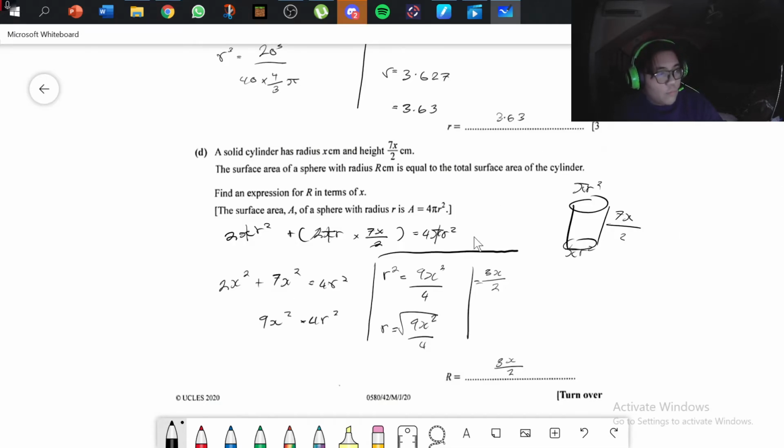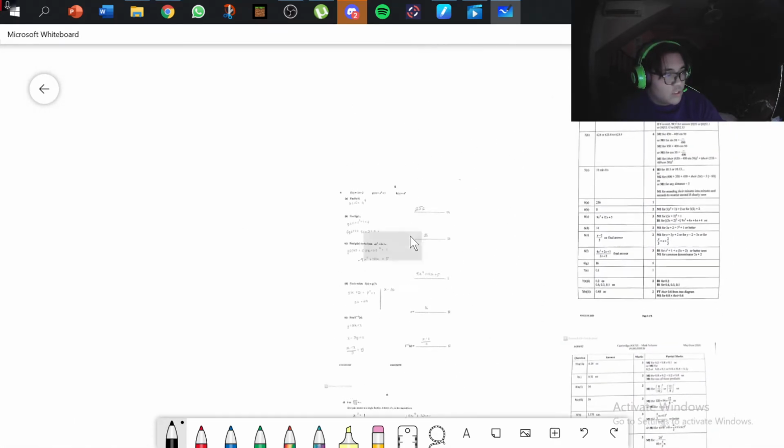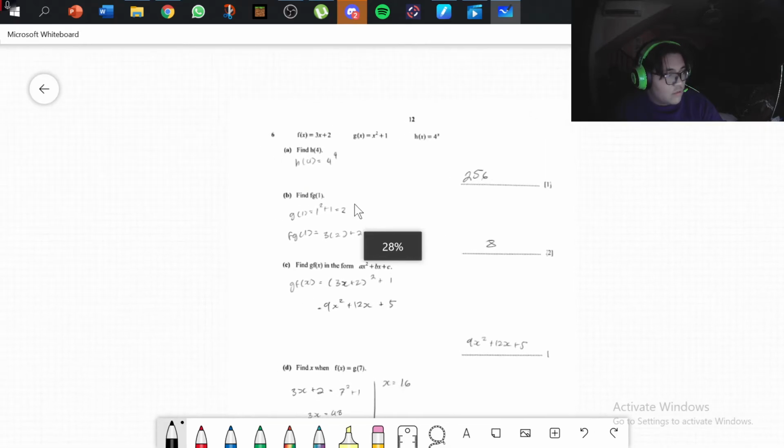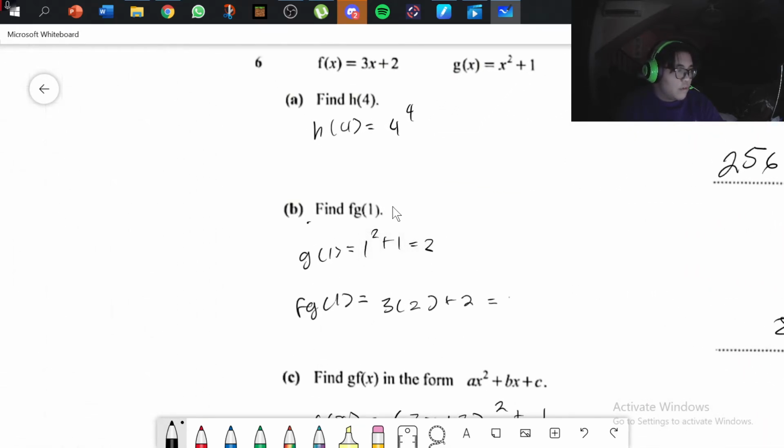Now I want to point out some of the mistakes that people make when answering these questions. First, the functions, especially this part, where they confuse which one to put instead of which. For example, for fg, we have to put g into f.